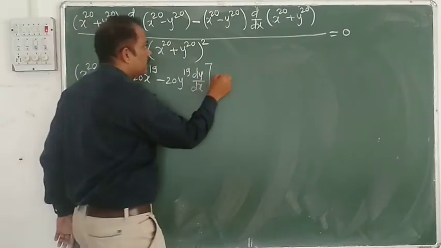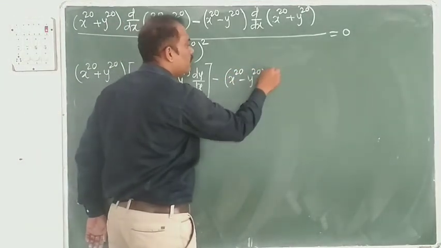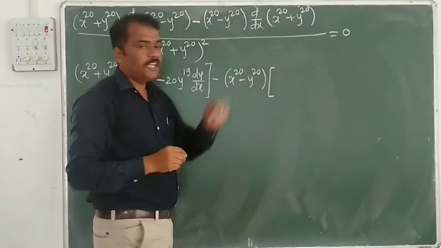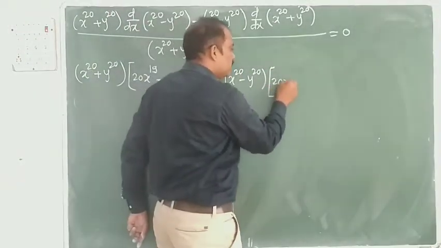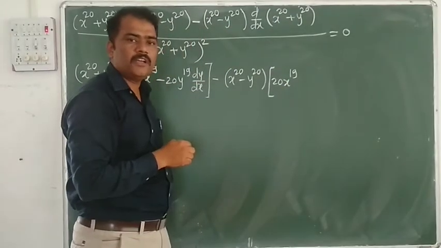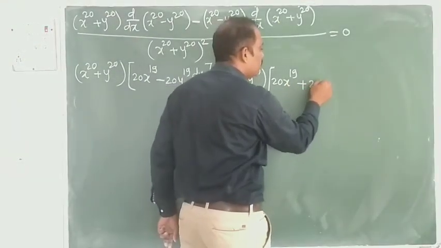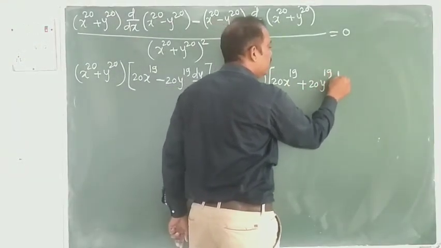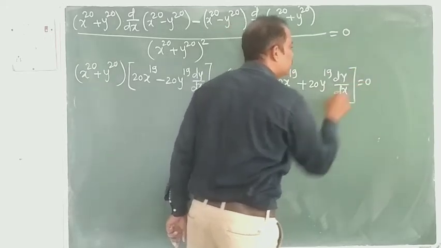Minus (x raised to 20 minus y raised to 20) into bracket. First we take the derivative of x raised to 20, like this: 20 into x raised to 19. We take the power as it is, and from the power we subtract 1. Plus 20 into y raised to 19 into dy by dx is equal to 0.